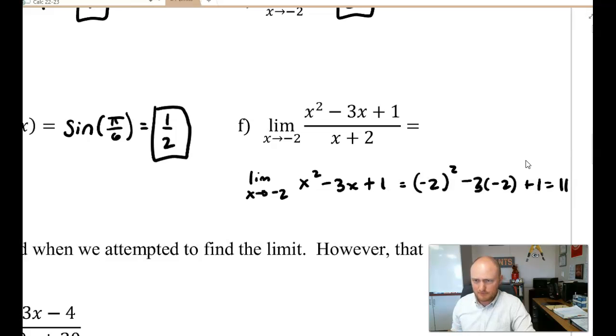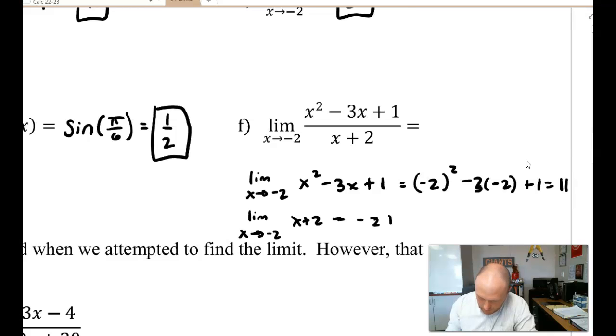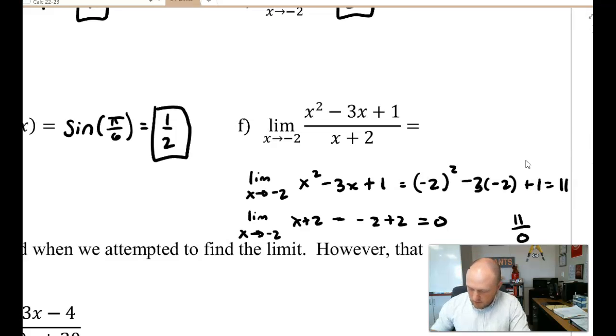I got 11. Now the limit of the denominator, x plus 2. If I plug in, we get -2 plus 2. Our denominator is 0. So this is equal to 11 divided by 0. 11 over 0.